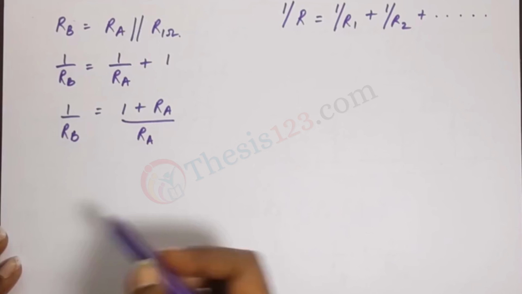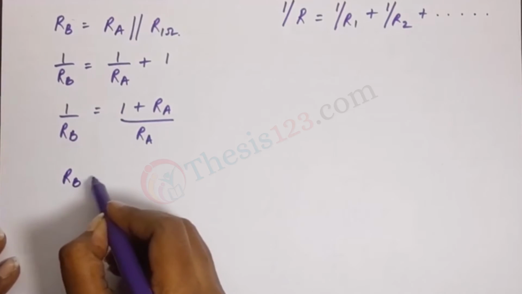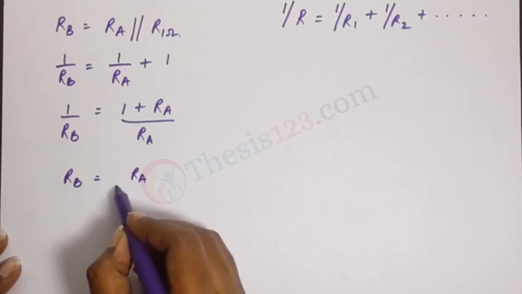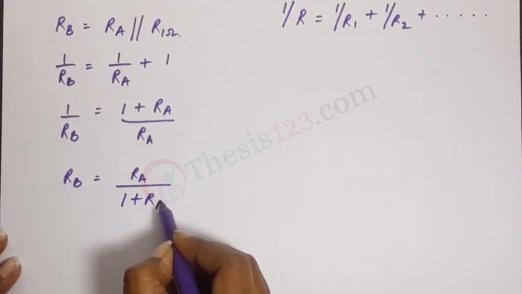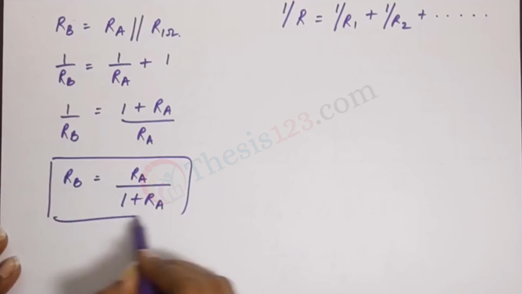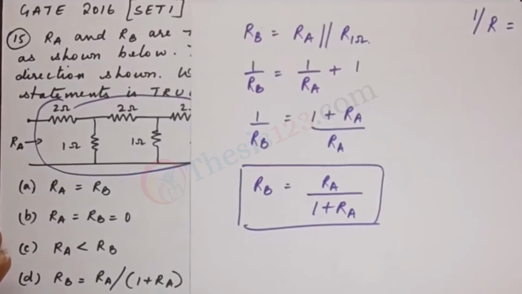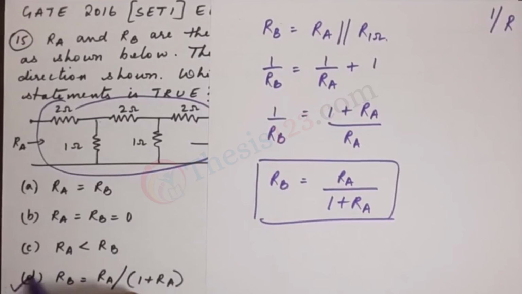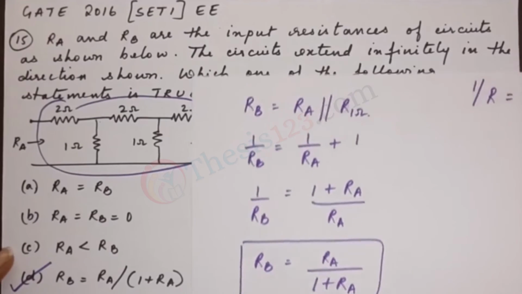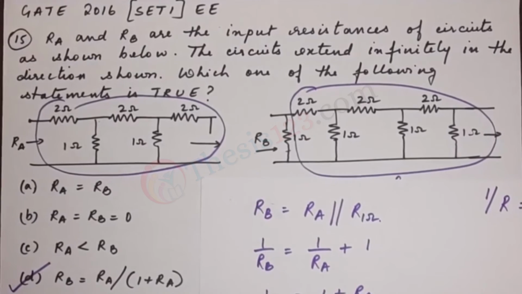We flip it over, reciprocal. RB equals RA by (1 plus RA). And you will notice that this relation is the fourth option right here. So it all comes down to your observance of the circuits. Do keep that in mind, and I hope this has helped.